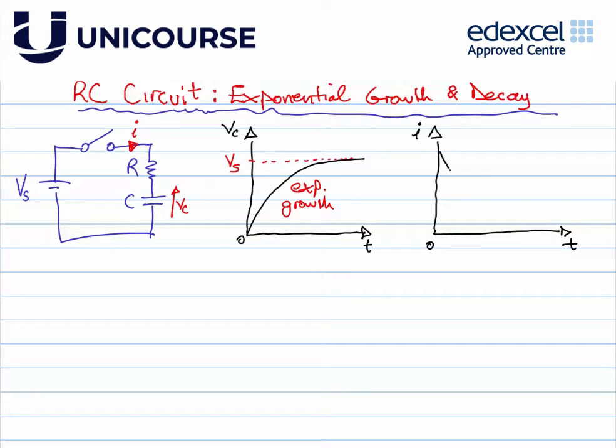So it's going to come down this way like so, and the maximum value of current is the very instant when the switch is turned on. So Vs over R, and yes, it's exponential decay.